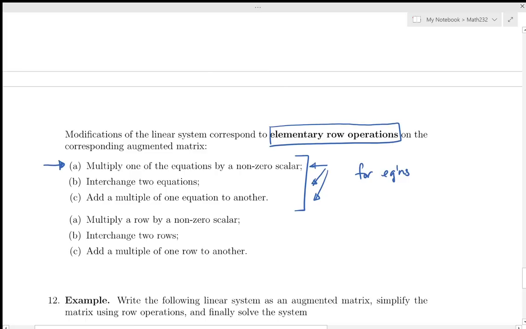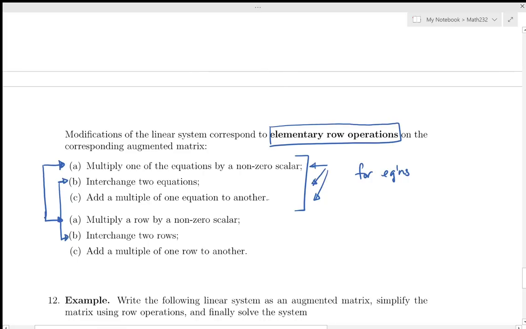Well, this is what happens. If you do that one, it's the same as multiplying a row of your augmented matrix by a non-zero scalar. If you interchange two equations, that is the same as interchanging two rows in your augmented matrix.